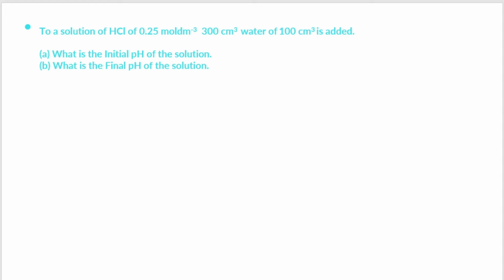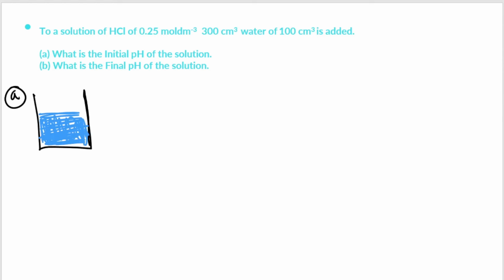First, we have to find the initial pH of the solution and then the final pH of the solution. So to start, let's draw a beaker. In this beaker, there was initially a certain amount of HCl, to which we added some more water.